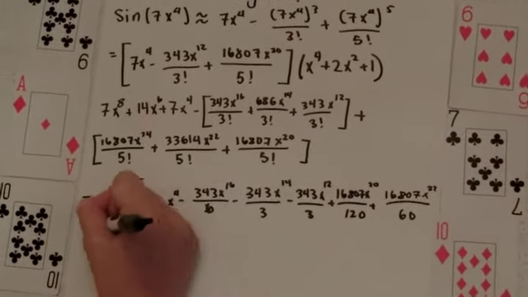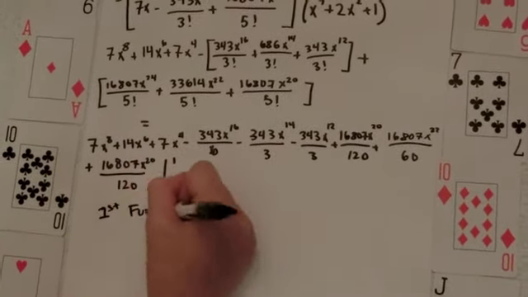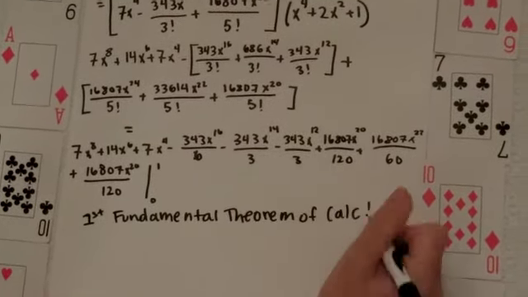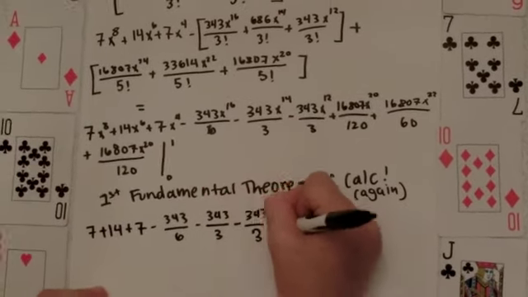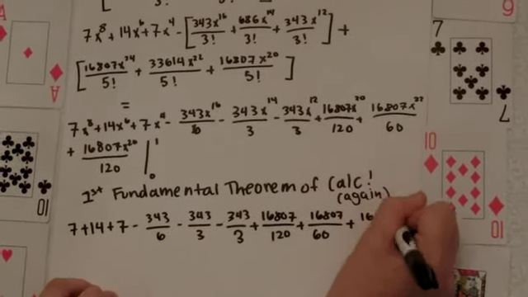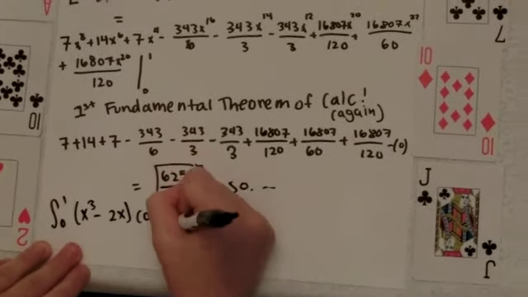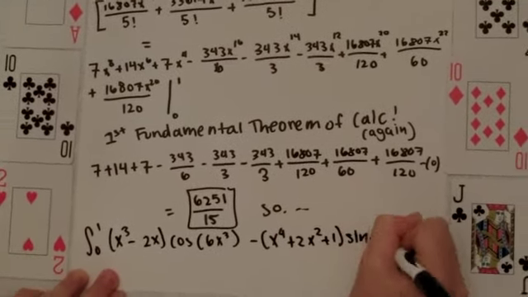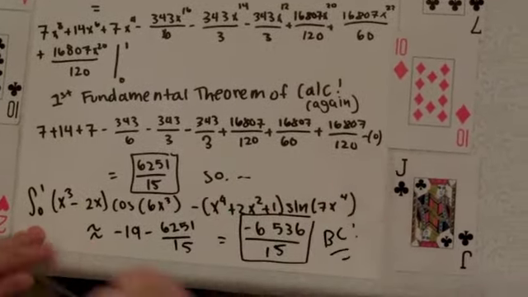So she plugs in 1 to all the x's minus plugging in 0 to all the x's. And she gets 6,251 over 15 as her answer for this integral. And so then to get the entire integral from 0 to 1, we simply use negative 19 minus 6,251 over 15, and we get that.